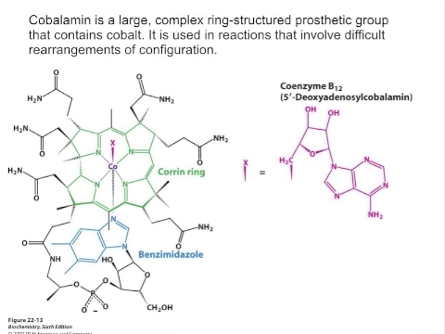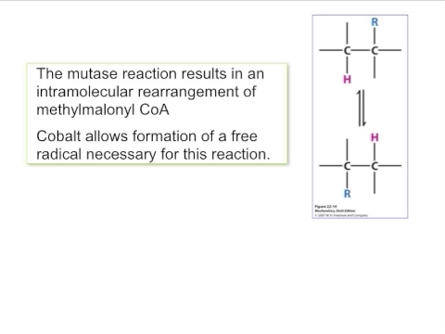Now this prosthetic group is used in reactions that involve difficult rearrangements of configuration, and the one that we're going to do to convert methylmalonyl-CoA to succinyl-CoA is pretty radical. This mutase reaction results in an intramolecular rearrangement of methylmalonyl-CoA. Cobalt allows formation of a free radical that's necessary for this reaction.